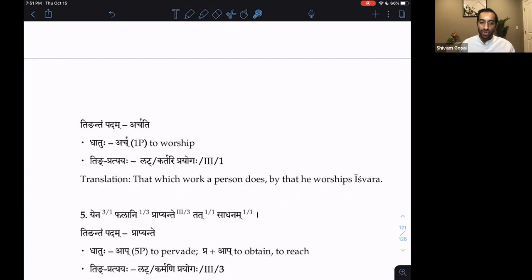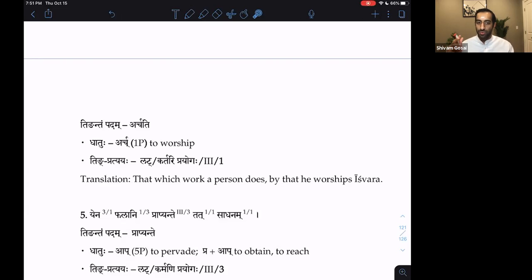Now, how we would write this in normal English, we would use commas, right? So we would say that, comma, which a person, so by that, comma, which a person does, right?